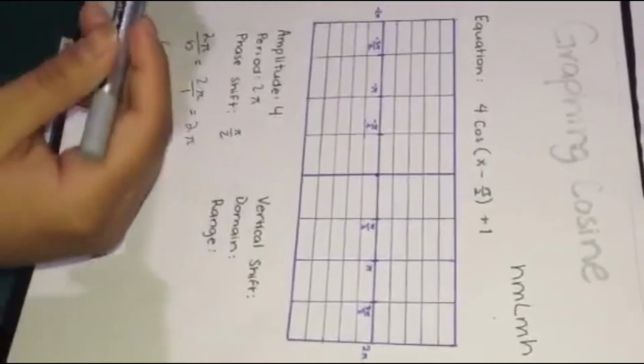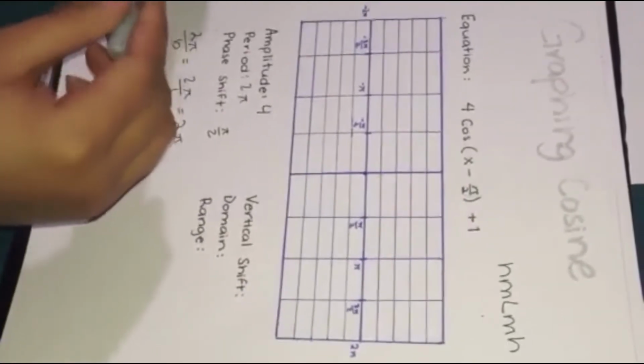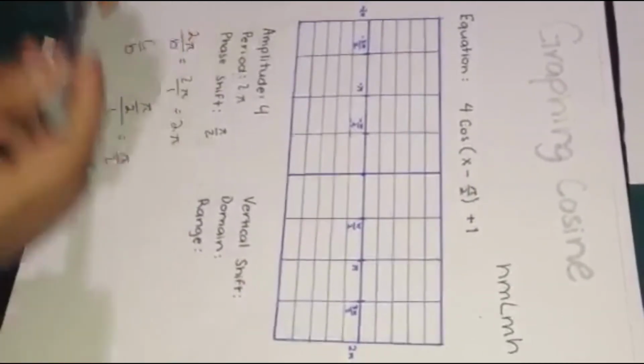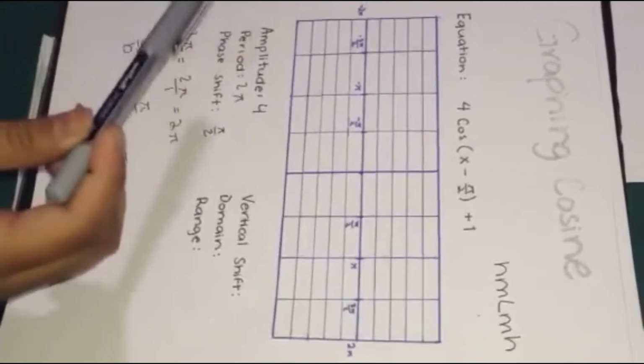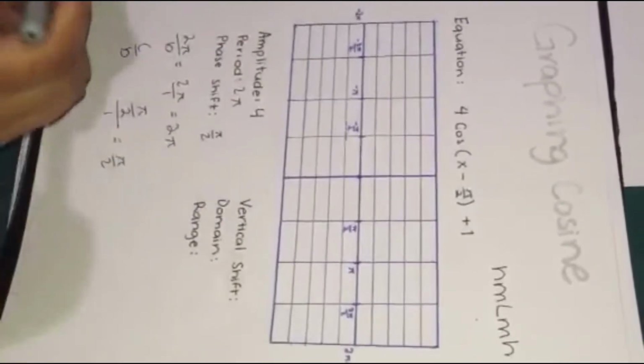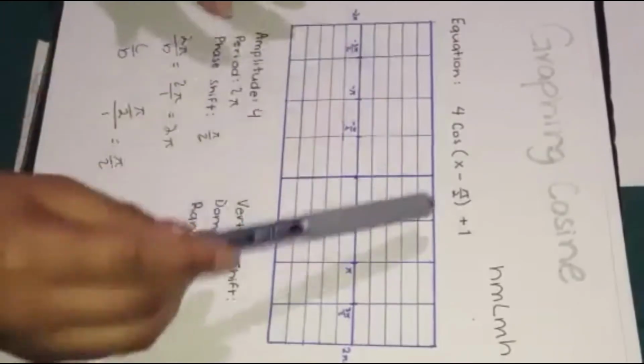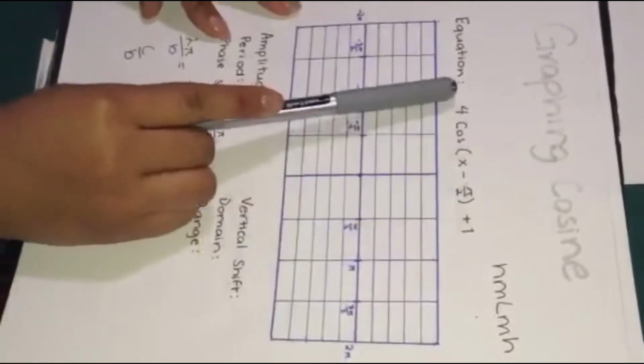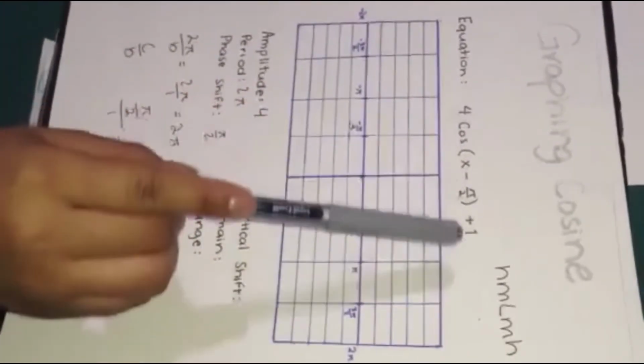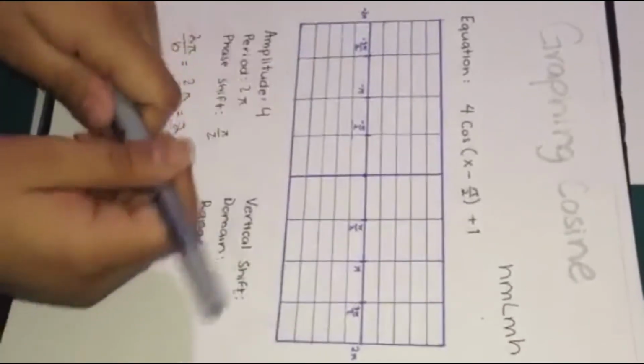For the vertical shift, it will tell us where our new midline is going to be. So the vertical shift will always be the last number. Sometimes it will be in the front of the equation, but for this problem it is 1.